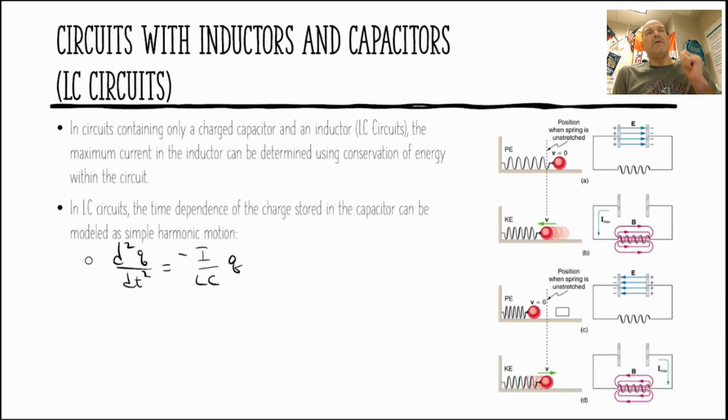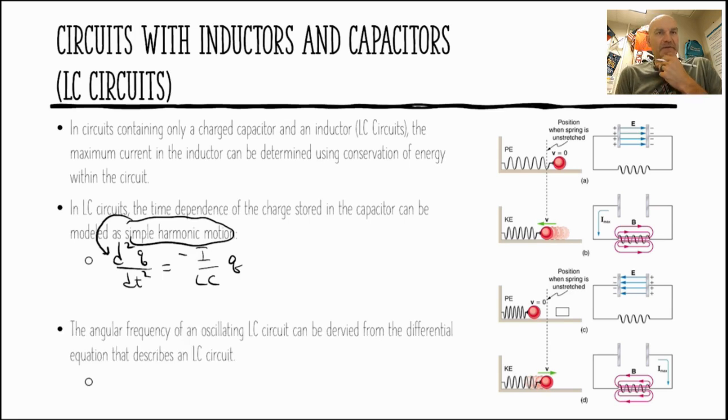The only function that returns itself when taking the derivative twice is a trig function. So anytime you see simple harmonic motion modeled using this second derivative differential, because it's oscillating, it'll have an angular frequency and a period of oscillation.